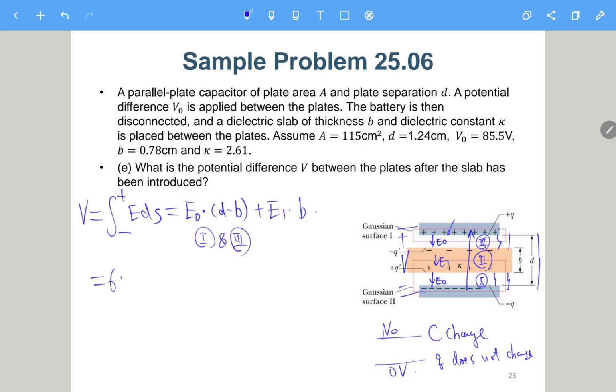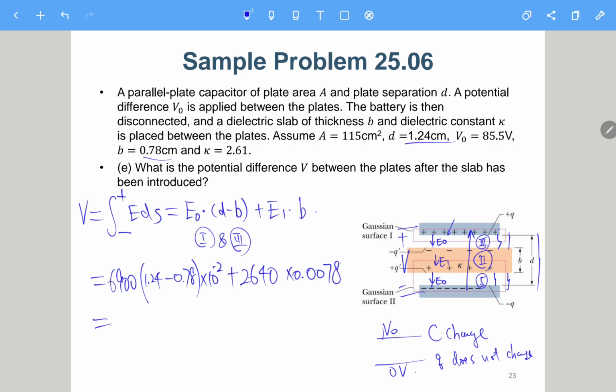E0 is 6900, times D minus B: D is 1.24 minus 0.78 times 10 to the minus 2, plus E1, which is 2640, times 0.0078. Okay, correct.